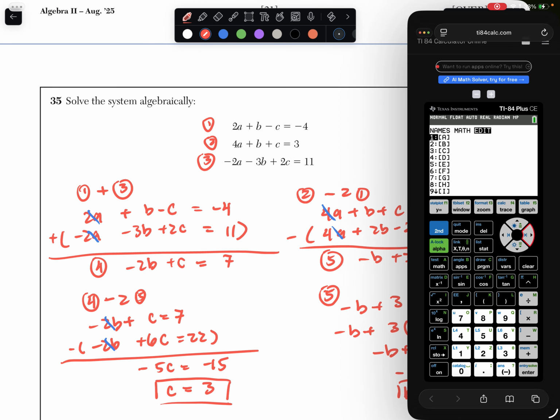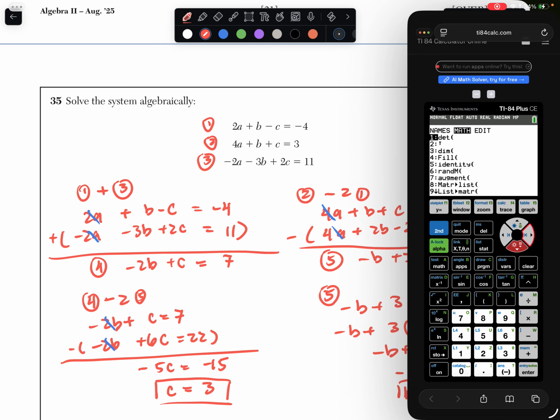Okay, I'm gonna edit it, and I'm gonna make this a 3 by 4. So this is 2, 1, negative 1, negative 4, 4, 1, 1, 3, then negative 2, negative 3, 2, and 11. And then I'm gonna go to math. No, not math.